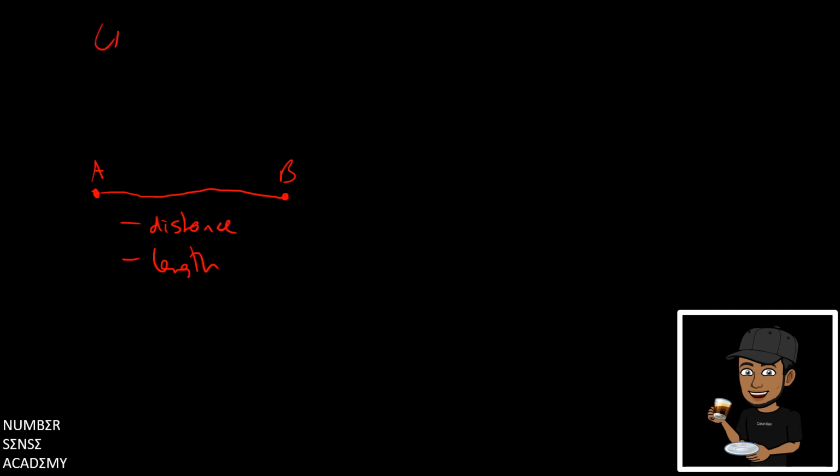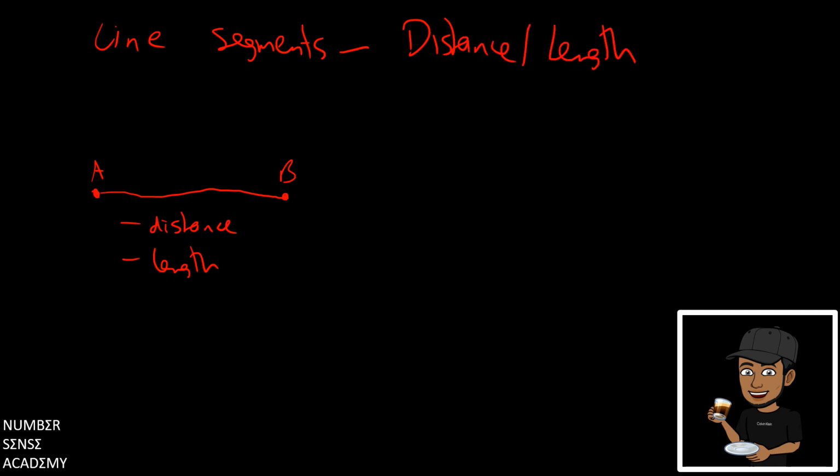So in this video, we're continuing with line segments, but we're looking at distance or length. Same idea, just it might change from context to context. So if we just journey back for a bit, we understand that a line segment has two endpoints.